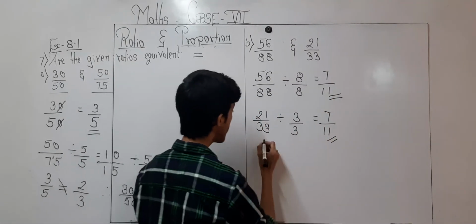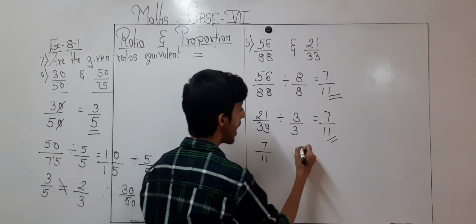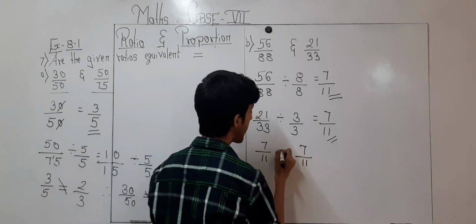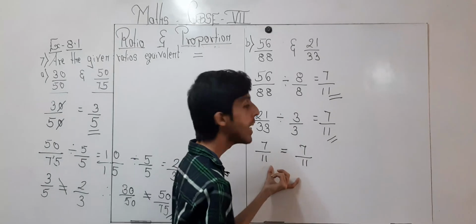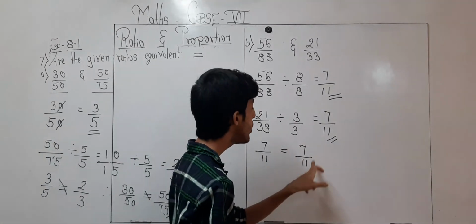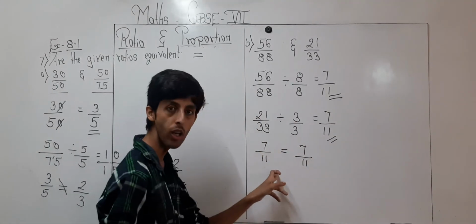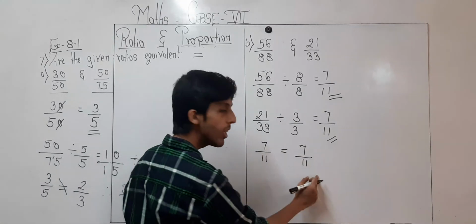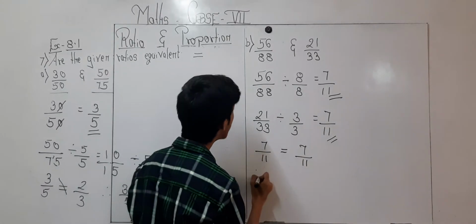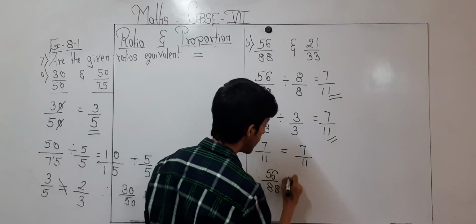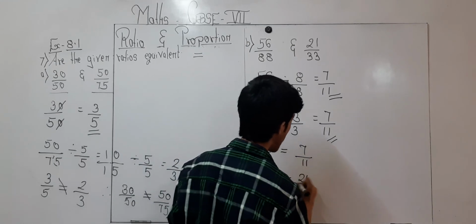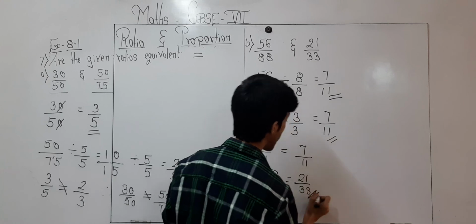Now you can see over here 7 upon 11 and over here also 7 upon 11. Are they equal? Yes, because both the numerator and the denominator are equal. Therefore my 56 upon 88 is equal to 21 upon 33.